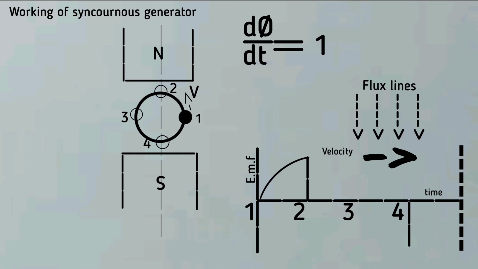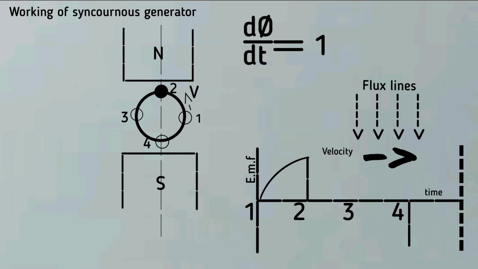At position 2, the entire velocity component is perpendicular to the flux lines. Hence, there is maximum cutting of the flux lines, and at this instant the induced EMF in the conductor is also maximum.